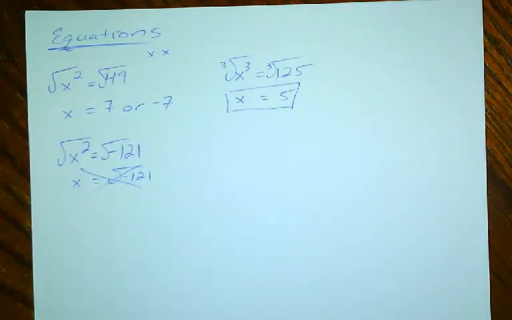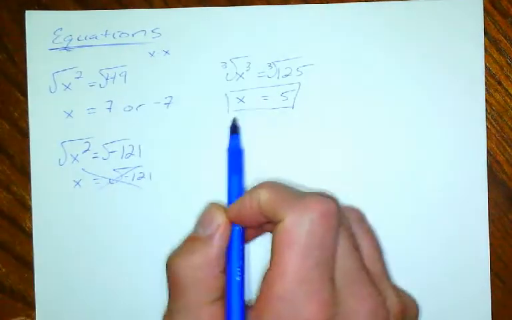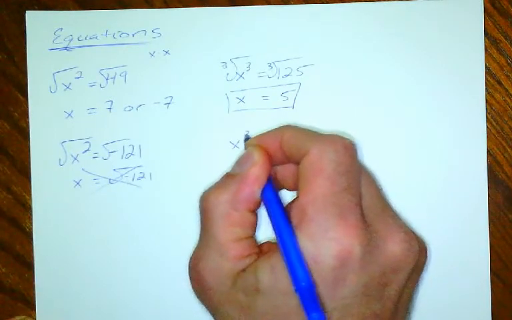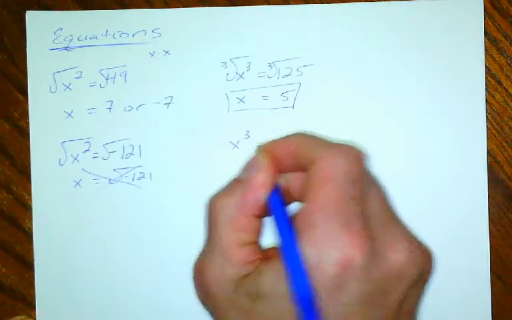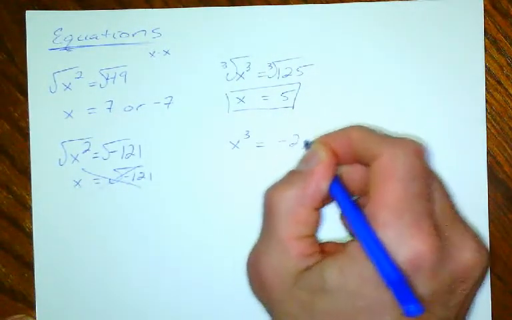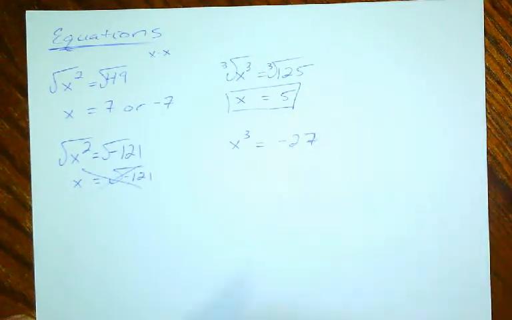Once you hit 10th, 11th grade with Mrs. Timmerman, you'll be good. However, we can deal with a cubic equation that involves negatives. Say I have x to the third equals negative 27. I can answer this.